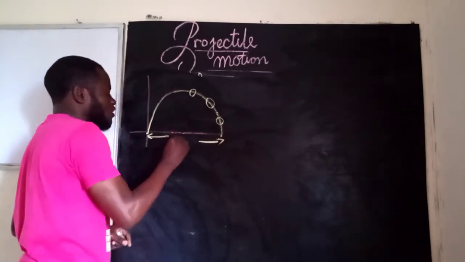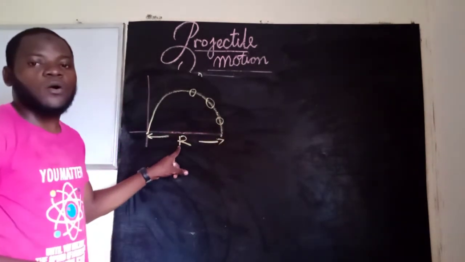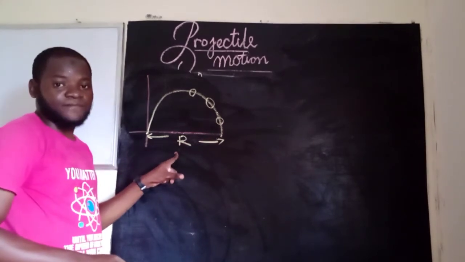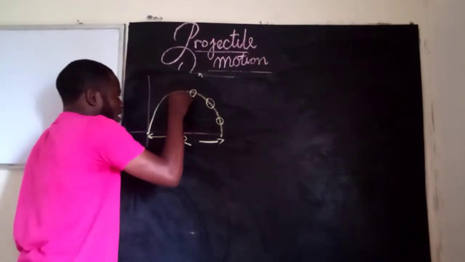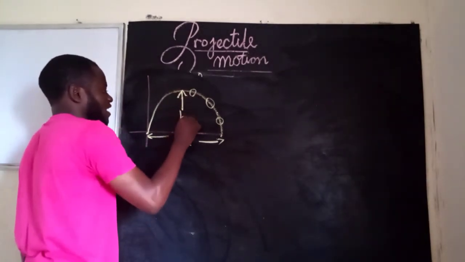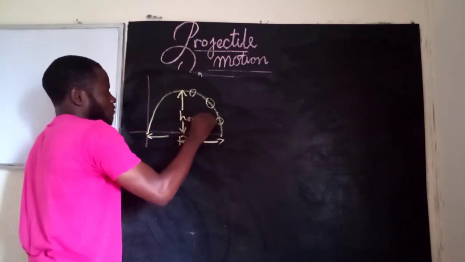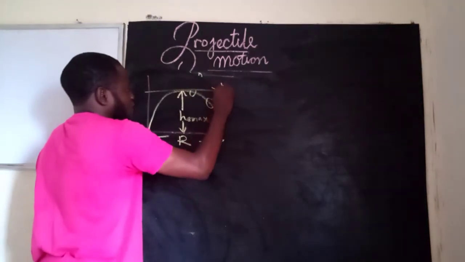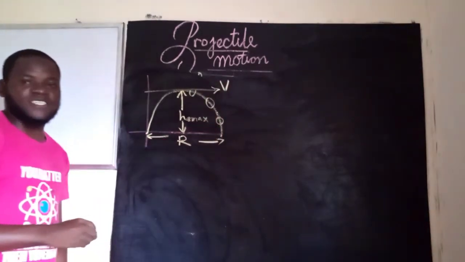This distance this body covered horizontally is what we call range of a projectile. The distance covered horizontally. Now, this is the maximum height reached by the body when you launch it horizontally. And the velocity of the body is only at the horizontal level.